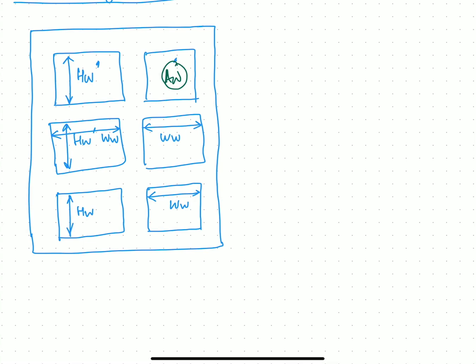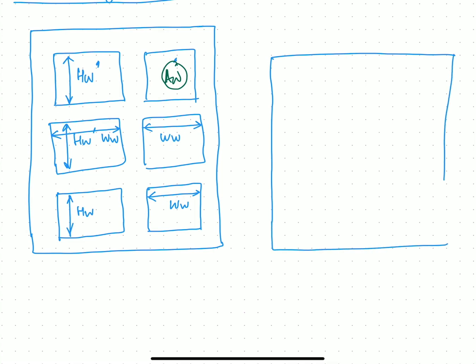Okay, and if you see the winding arrangement, something like this.